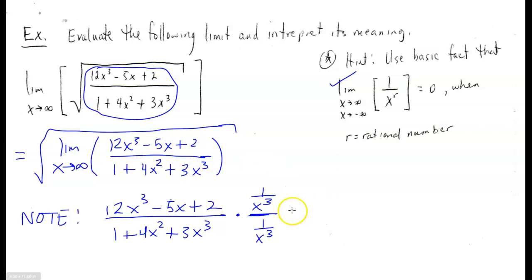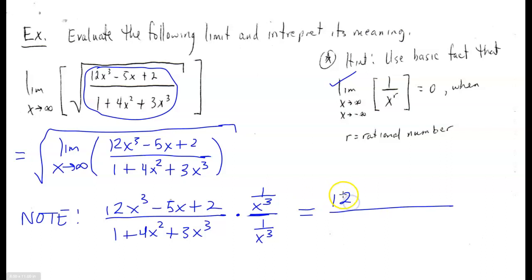All right. So if we work this out here, I'll take this 1 divided by x cubed, and I'm going to distribute it to all 3 terms. For the first term, 12x cubed times 1 over x cubed is just going to give me 12.